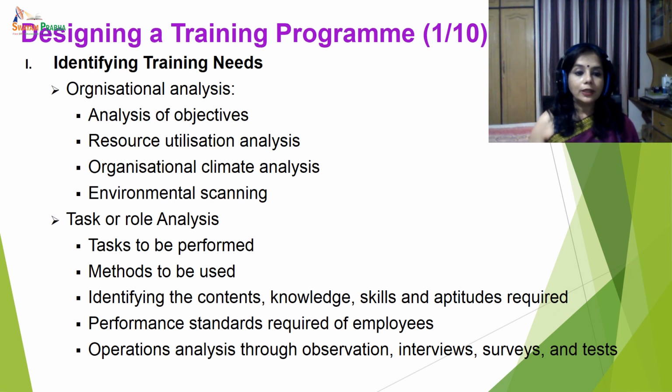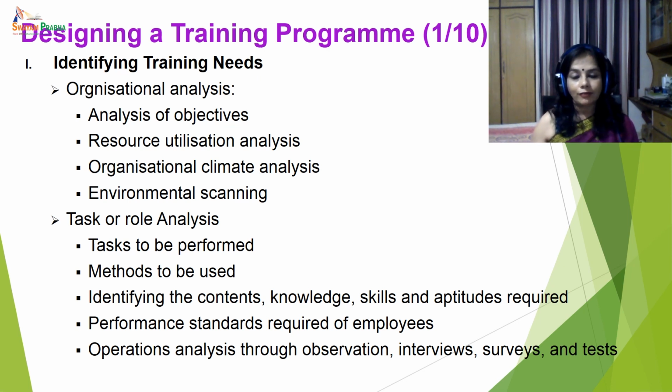Then we do task or role analysis, again to identify the training needs. Here we identify the contents, knowledge, skills and aptitudes required in the organization. We already know the objectives of the organization. Now to achieve those objectives, certain tasks have to be done and certain skills are required.